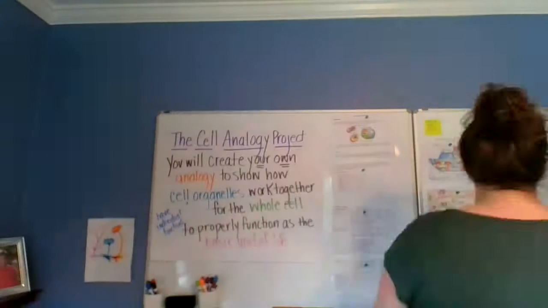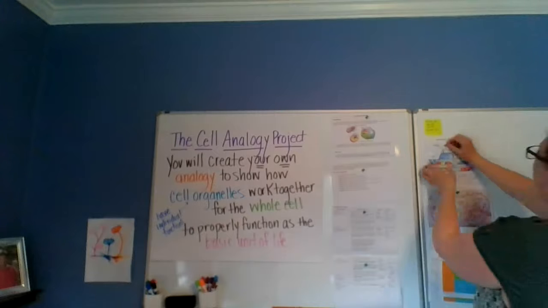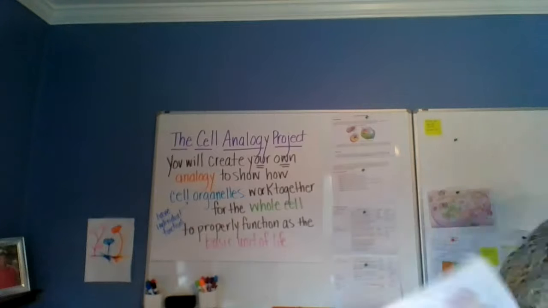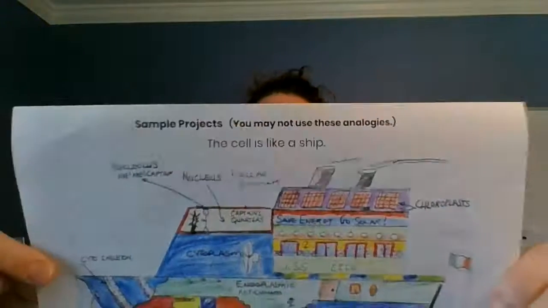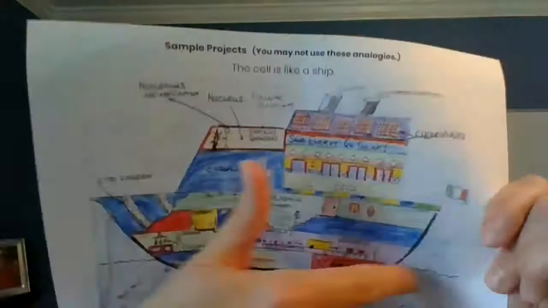One last thing before I end this video is I wanted to show you some sample projects that I attached to the instruction sheet. So this is not one that you can do. You may not use this example, but this student had done, the cell is like a ship. And they did a really detailed drawing of a ship. And they labeled all the different parts.